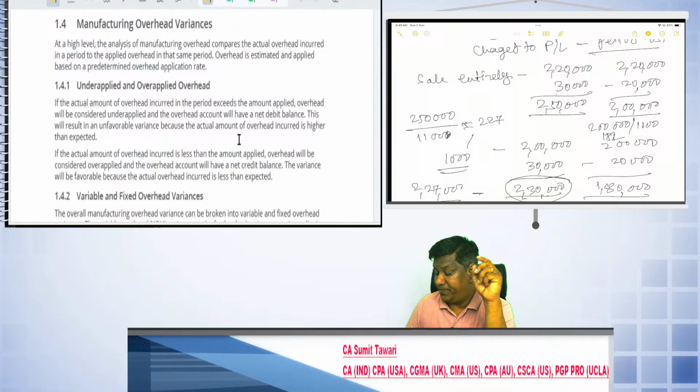Okay, but if I calculate 250,000 divided by 1100, with respect to the actual overhead, I need to charge per unit 227 to the PNL. I sold 1,000, so it should charge 227,000, but instead of that I am charging 230,000. So that is basically the effect of under applied and over applied. Clear? Not clear?